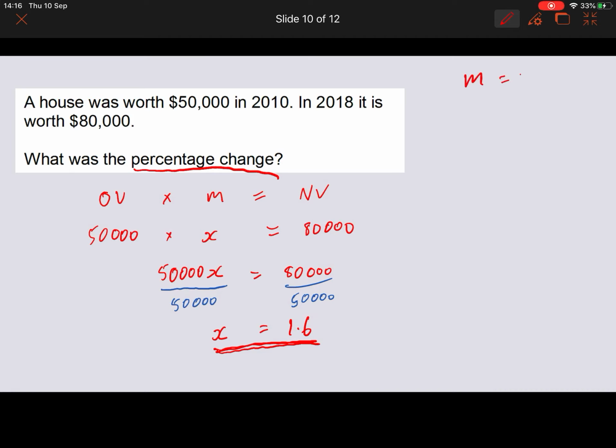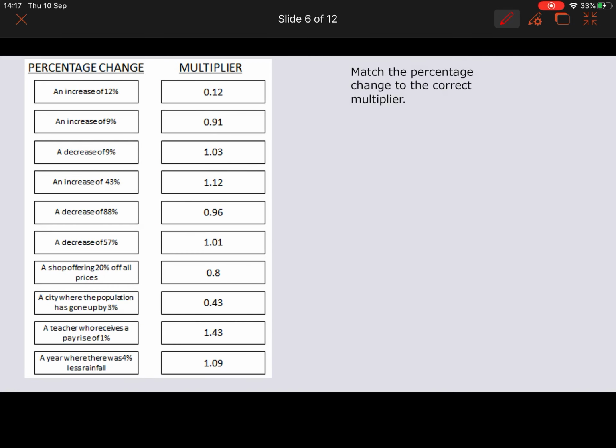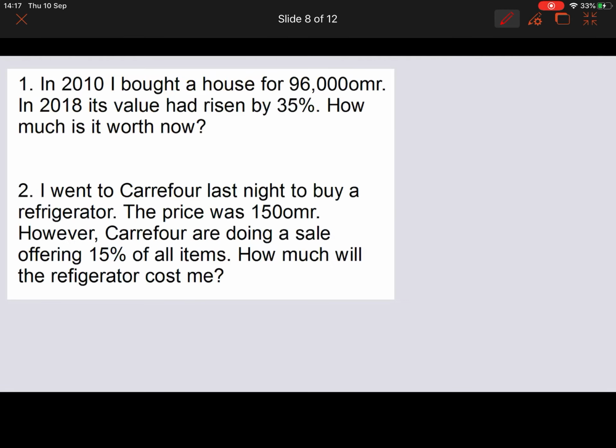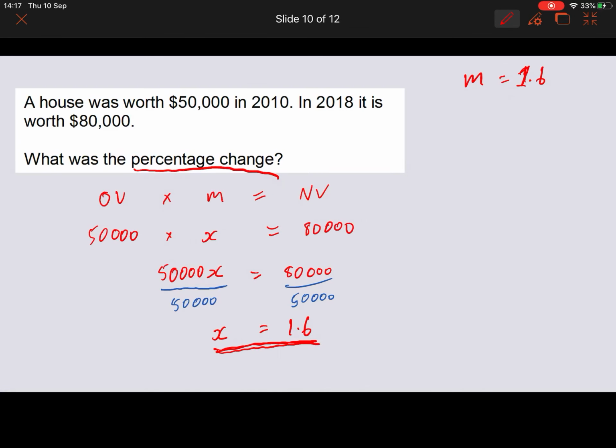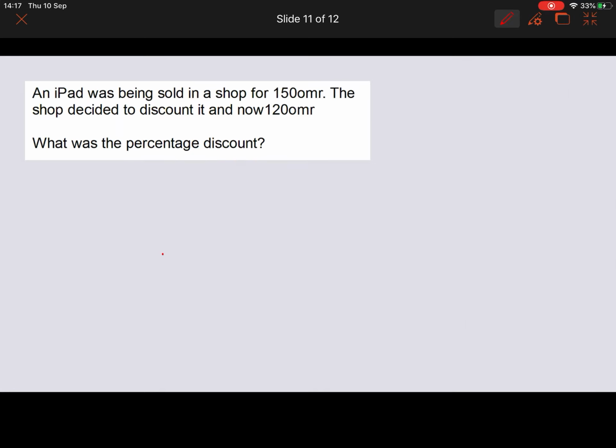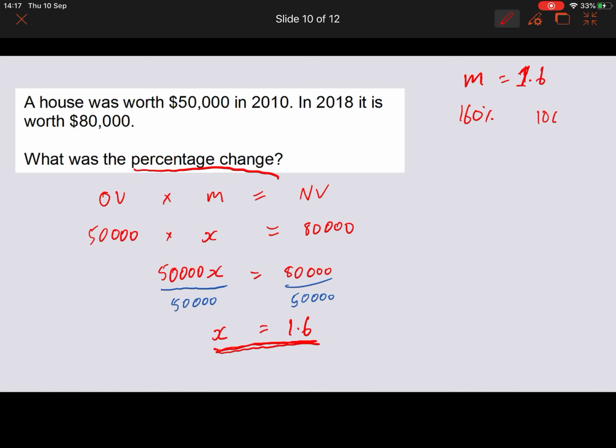This is not the answer. The question was, what's the percentage change? And this is the multiplier. So we've got to work backwards and say, if the multiplier is equal to 1.6, what is the percentage change? Here I asked you to tell me what percentage change meant what multiplier. Well, now work the other way. What does this multiplier mean?